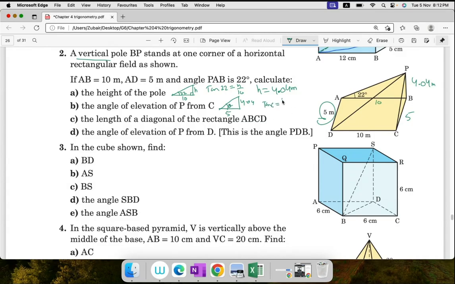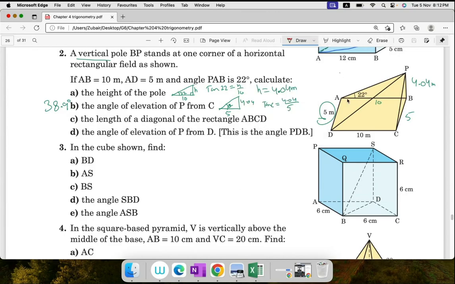So tan of C is equal to perpendicular divided by adjacent side or the base side, and shift tan 4.04 divided by 5 is 38.9 degrees.